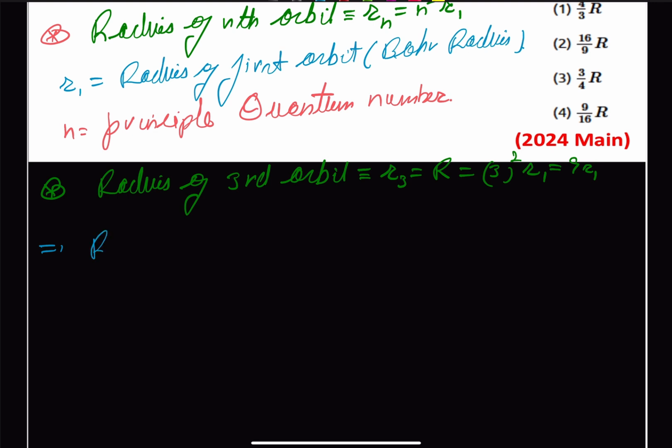We need to find out the radius of the fourth orbit.